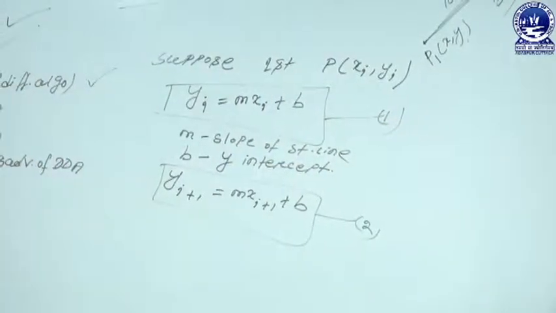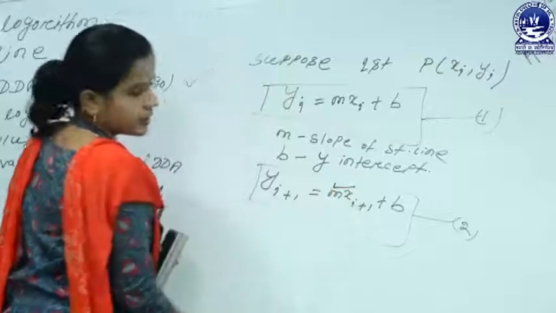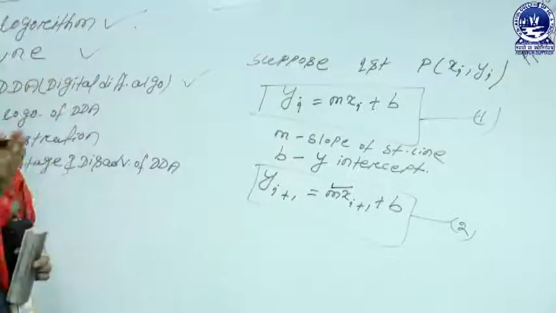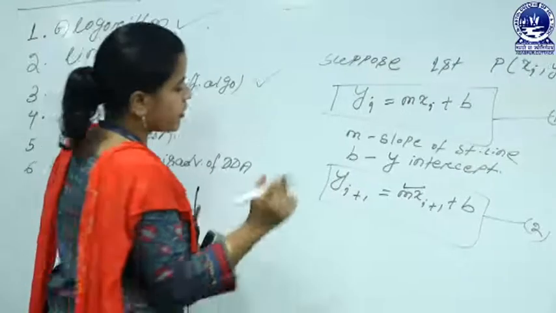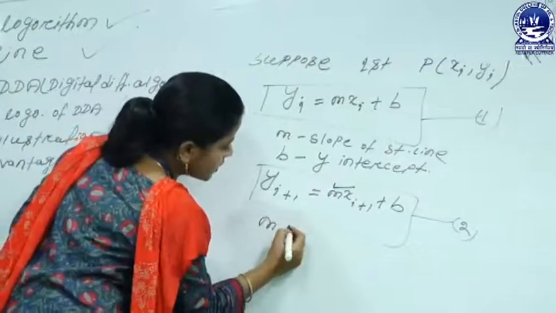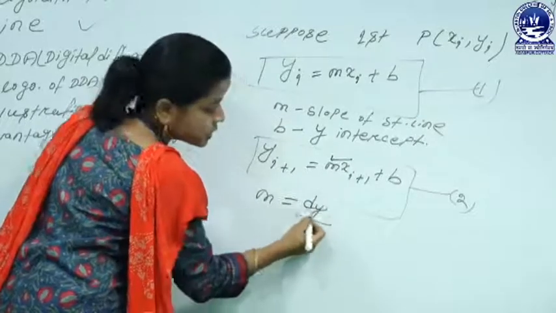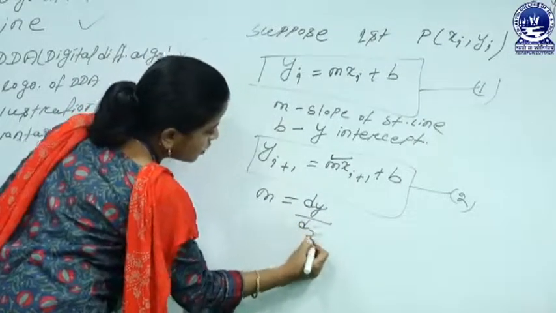After that, as we know, the slope of a straight line is generally calculated as the difference of the y coordinate values with respect to the difference of the x coordinate values. So here the slope is dy, the difference of y coordinate values, with respect to dx, the difference of x coordinate values.